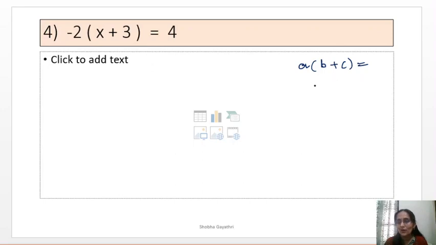You are very familiar with this distributive property. How will you distribute? a into b plus a into c, right? The multiplication sign is distributed inside the brackets. Draw the lines with your pencil if you are confused. You have to multiply both the terms inside the bracket, then whatever operation is there, write the operation.